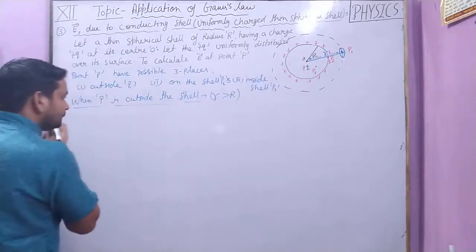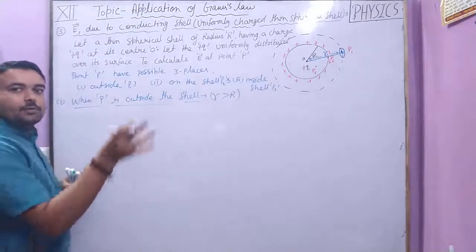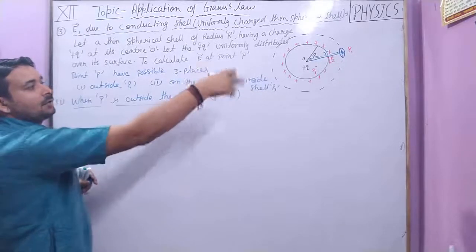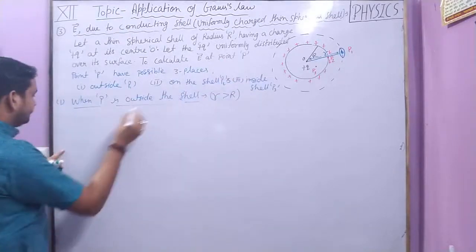Now step 1, consider a Gaussian surface around the charge.